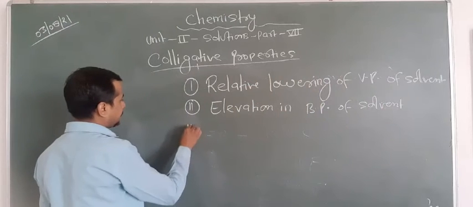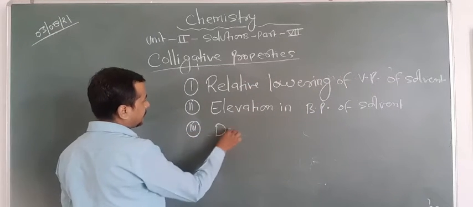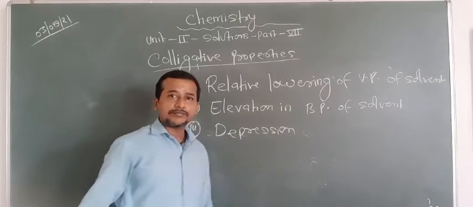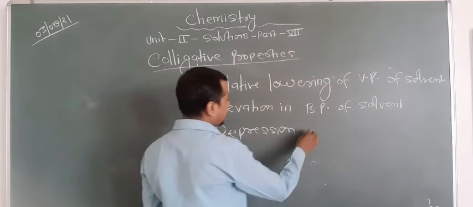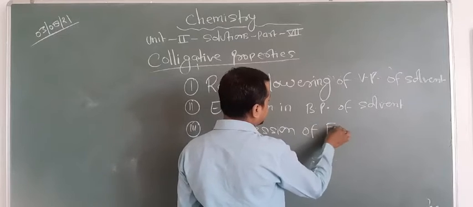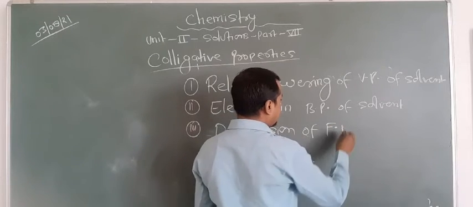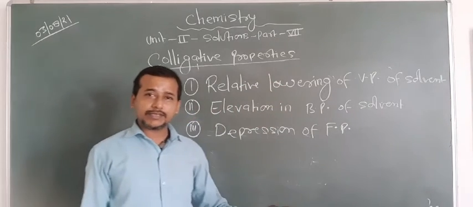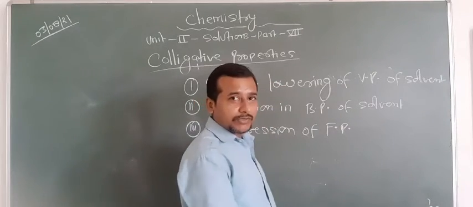Third, depression of freezing point. Depression means less, down. Freezing point depression means the solvent has a lower freezing point after adding the non-volatile solute.